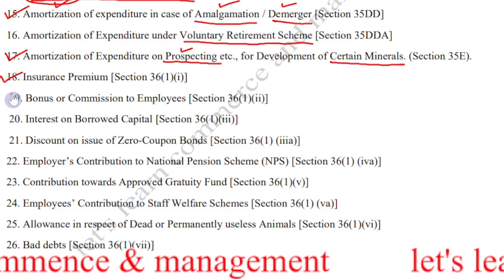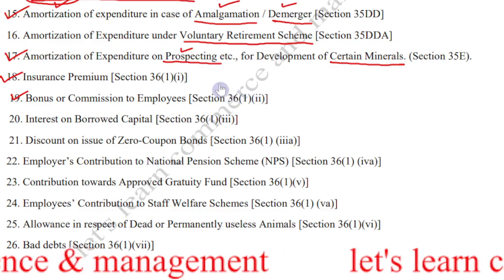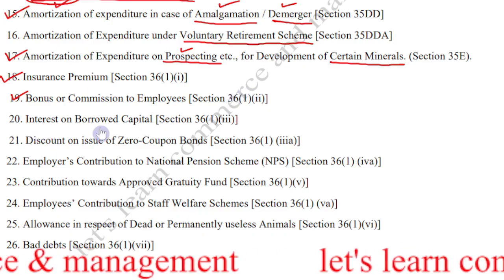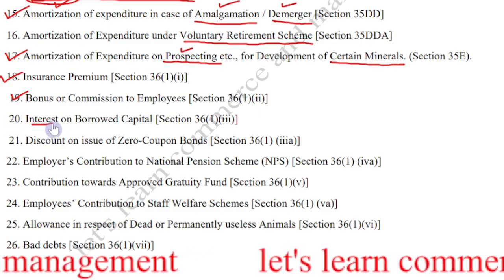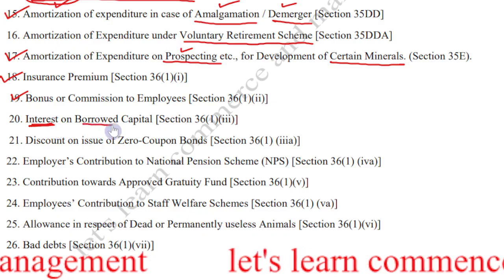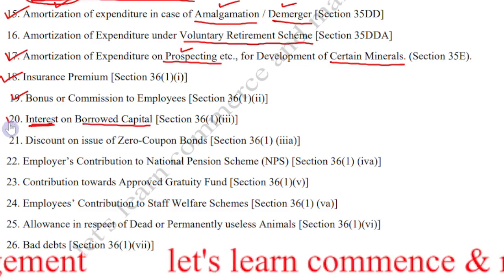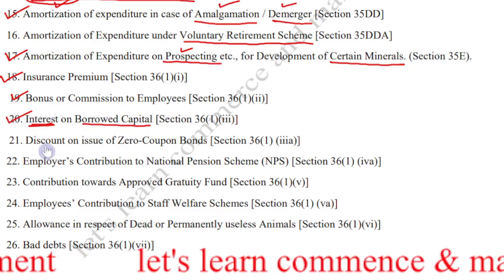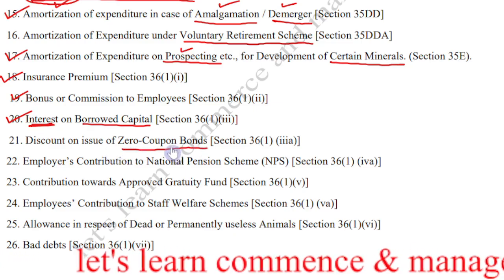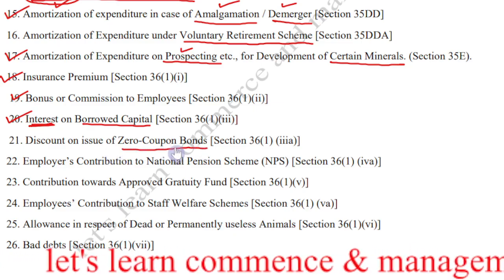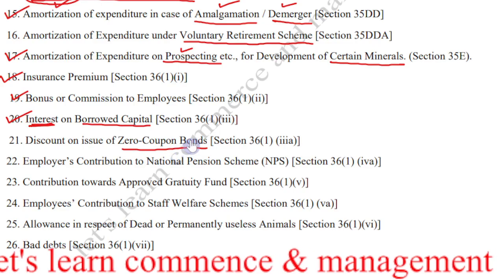Any bonus or commission paid to an employee is also a valid expense. Interest on borrowed capital: if we are paying any interest on borrowed capital, then it is also allowed as a deduction. Then discount on issue of zero coupon bonds. Zero coupon bonds are those bonds which will not pay any interest.